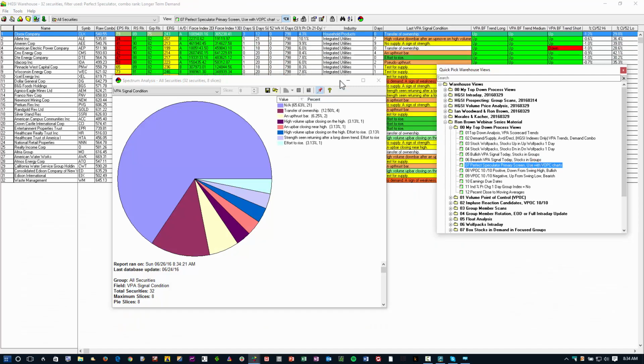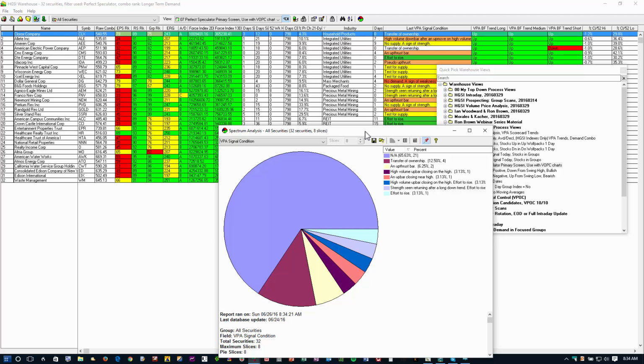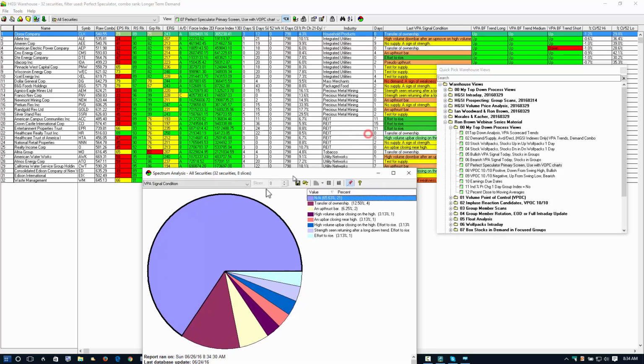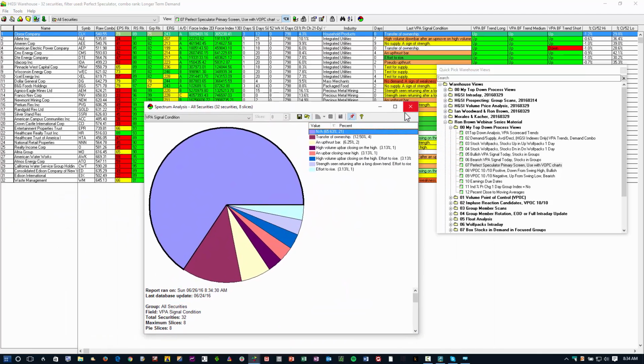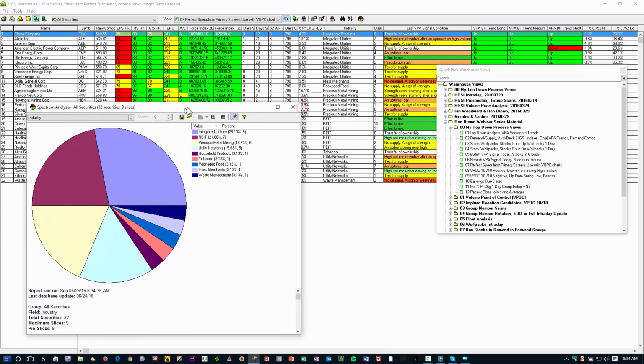It's all looking pretty bleak at this point, but let's go to the next one. This is my perfect speculator filter, which you have in the VPAs, and let's, that doesn't seem right. Oh, I see, that's VPA signal condition. I forgot that I need to go back down to the industry. So here we go.